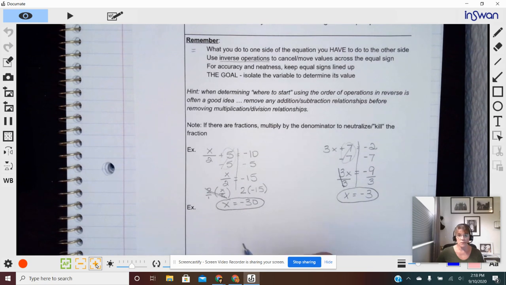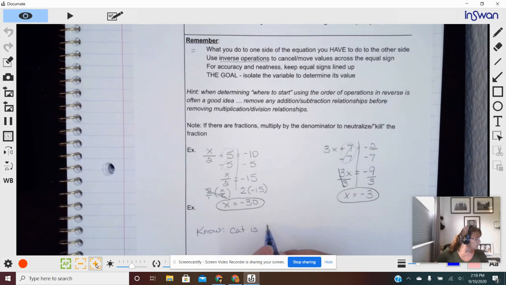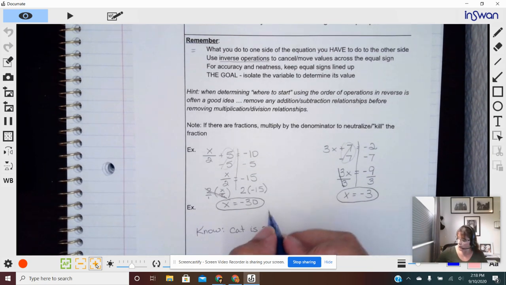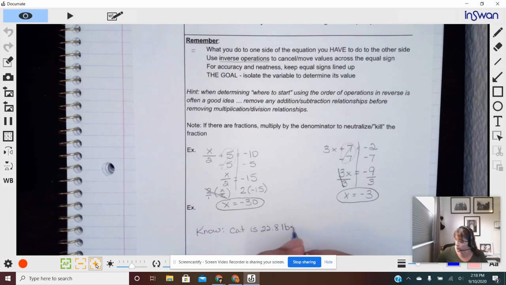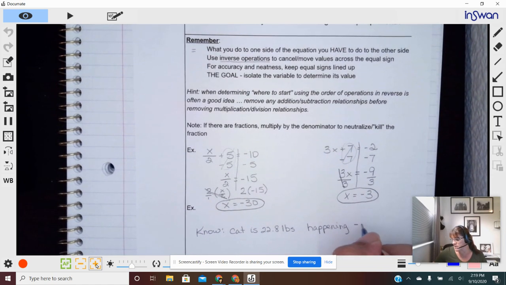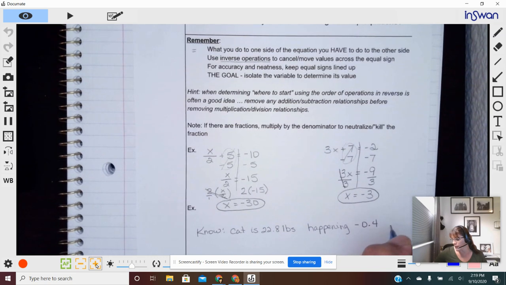Well, let's look at the pieces. We know the cat is 22.8 pounds. We know that what's going to happen is weight loss, minus 0.4 pounds each month.